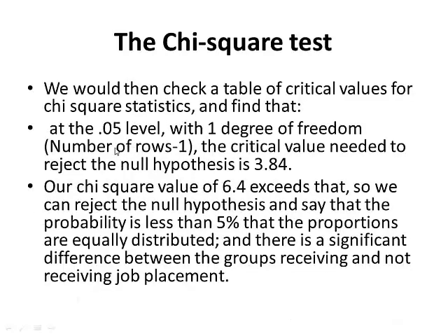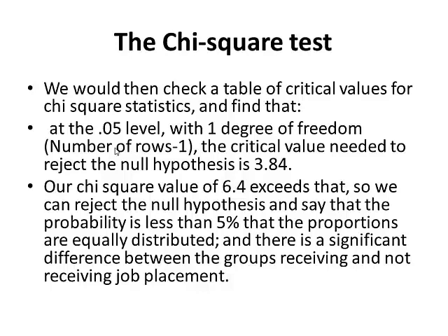Now we would go to a table of critical values for chi-square, and you can just enter chi-square table or critical value table in the search engine, and you'll get a whole lot of options, or you can find a statistics textbook that has a critical values table for chi-square.